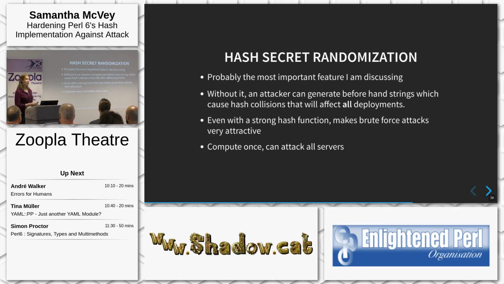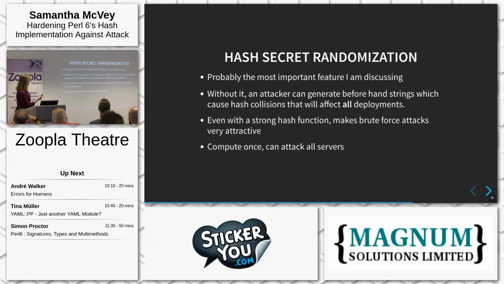As I said, Perl 5 adds a secret string to the end of the string to be hashed to randomize it. The hash secret is similar to having a prefix. I mean, it's not mathematically identical, but it's essentially what it achieves.